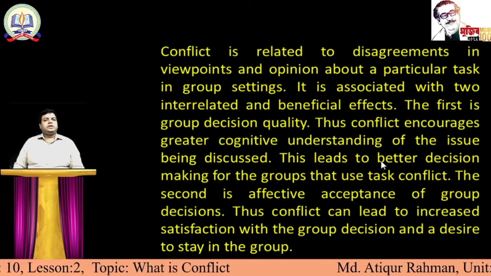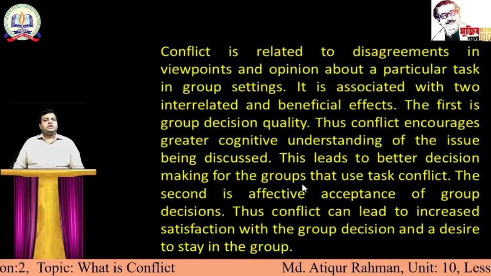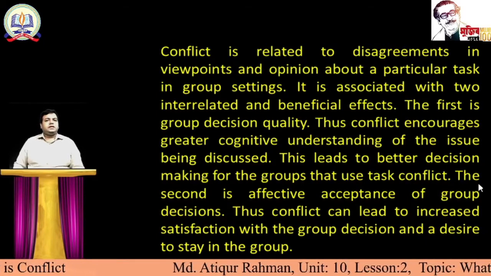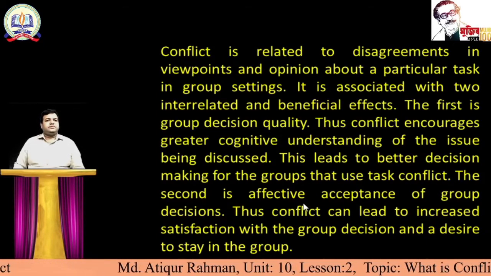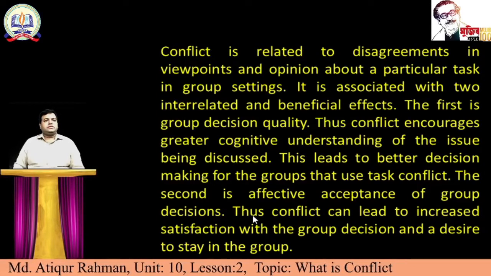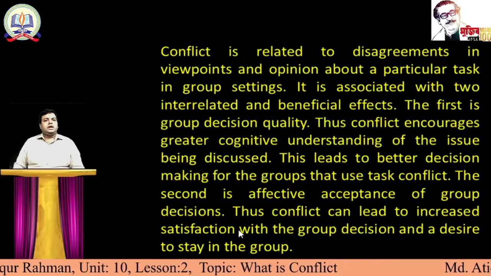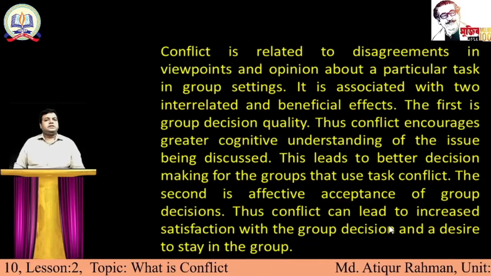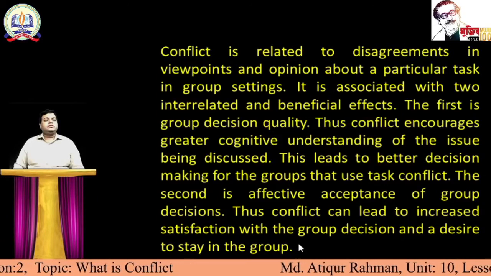This leads to better decision making for the groups that use task conflict. The second is effective acceptance of group decisions. Task conflicts can lead to increased satisfaction with the group decision and a desire to stay in the group.